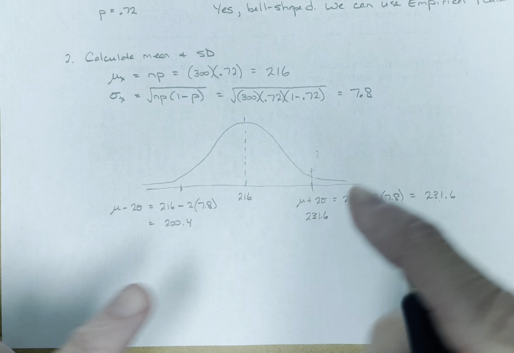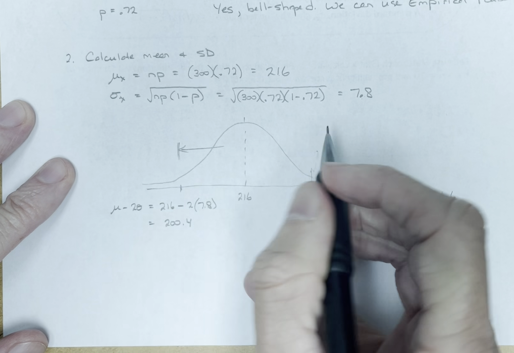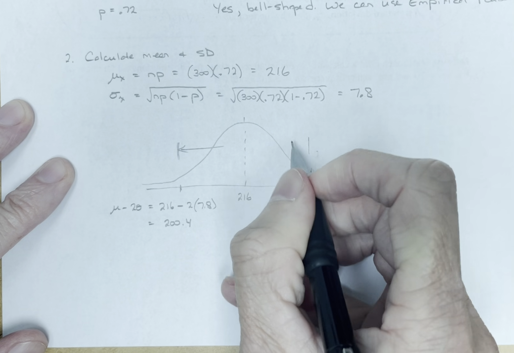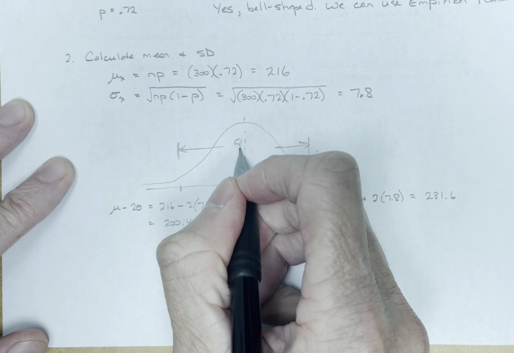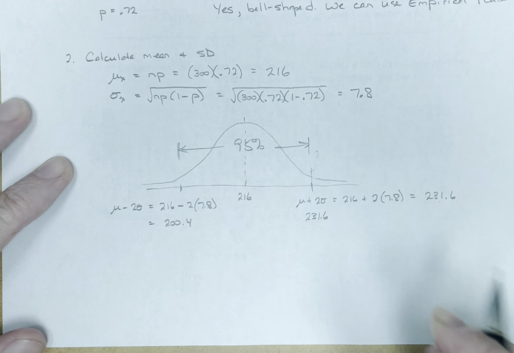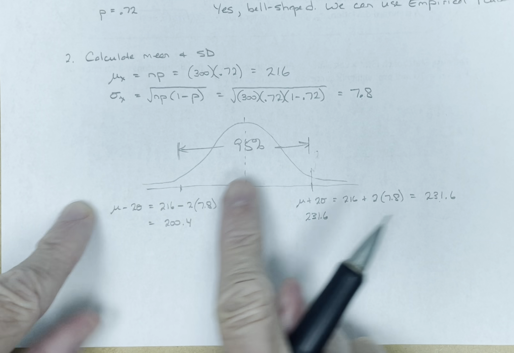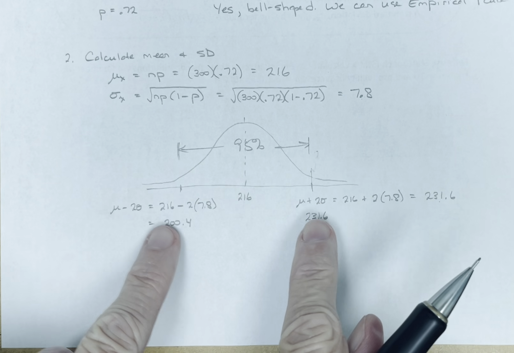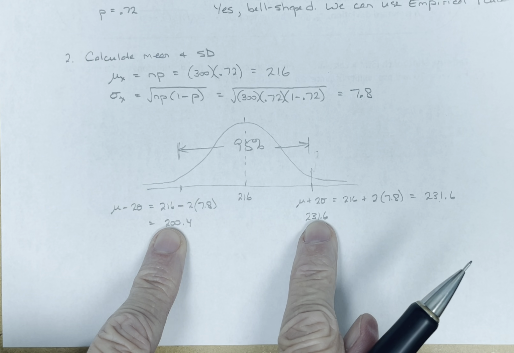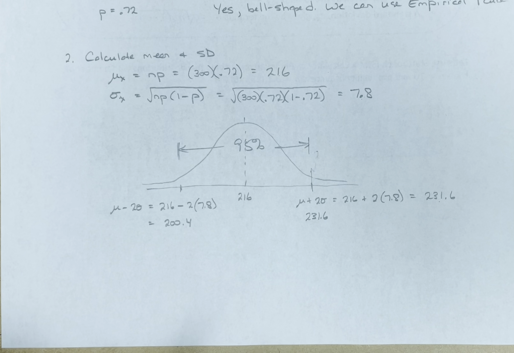So our middle 95%, the values that are usual and expected, is right here. As long as you're close to the mean, within plus or minus 2 standard deviations, it's not an unusual result.